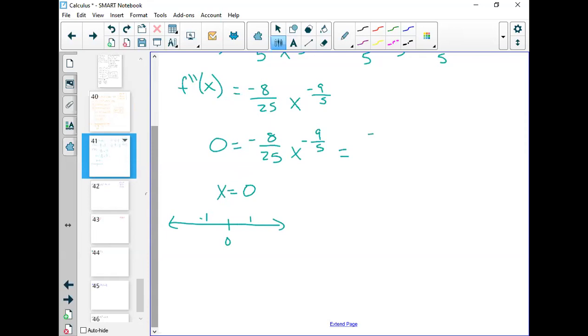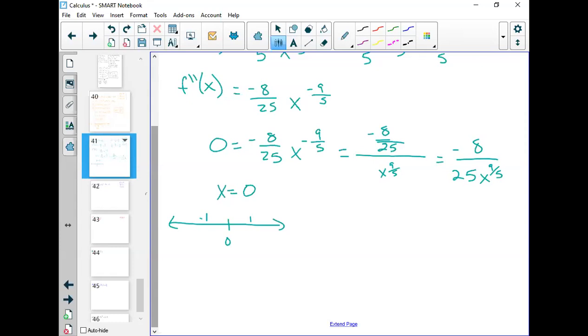So this is the same thing as negative 8 over 25 over x to the power of 9 over 5. Okay, and then we can make that much prettier. This would be negative 8 over 25x to the power of 9 over 5.